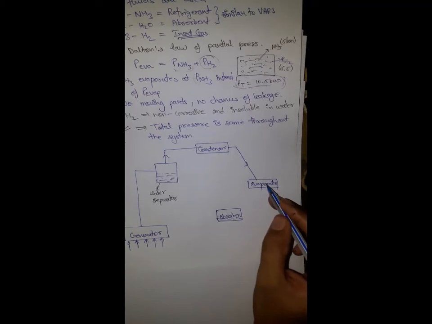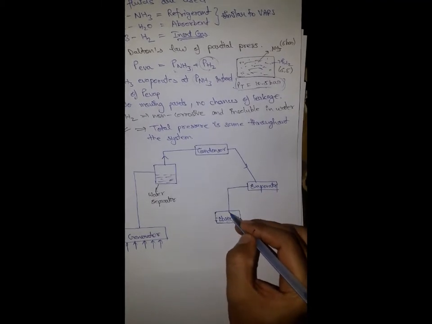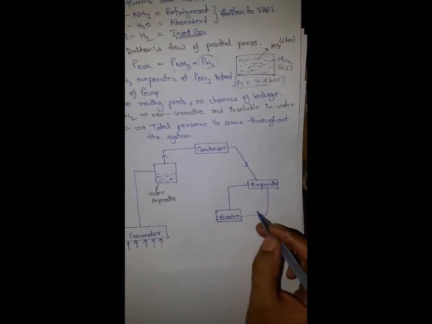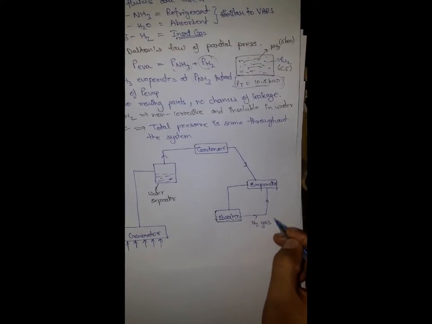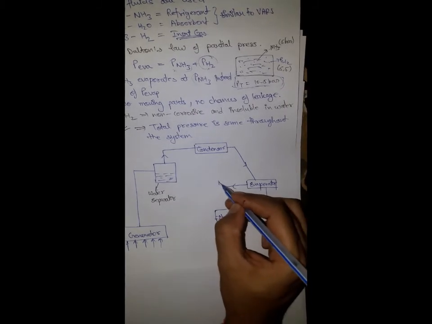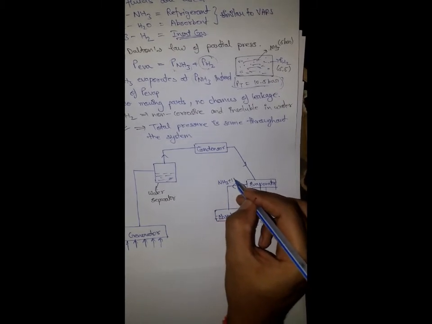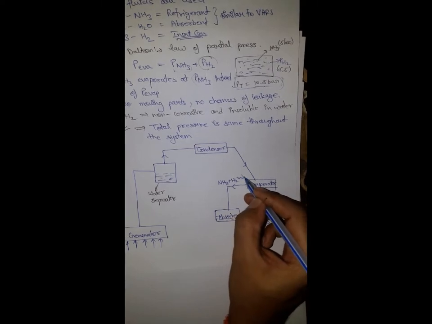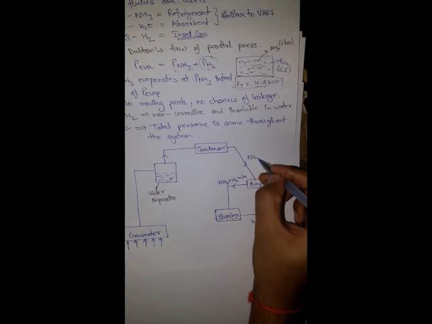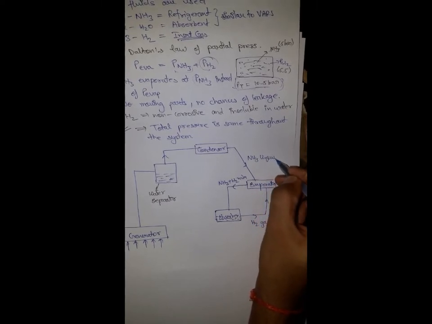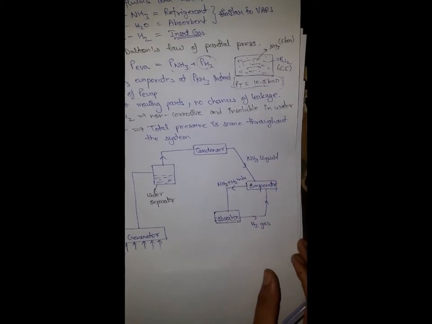Now in the evaporator there is mainly an ammonia and hydrogen mixture. This mixture passes to the absorber, and hydrogen is circulated back to the evaporator. From the condenser, liquid ammonia will be coming, which would vaporize after taking heat from the substance to be cooled.